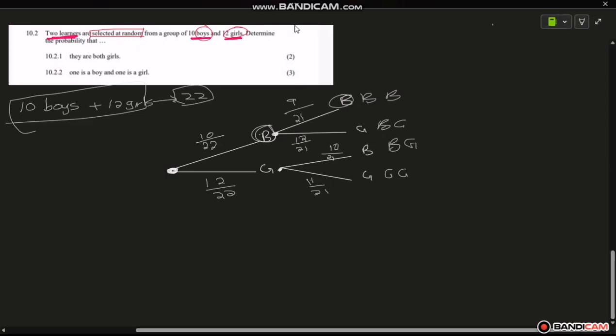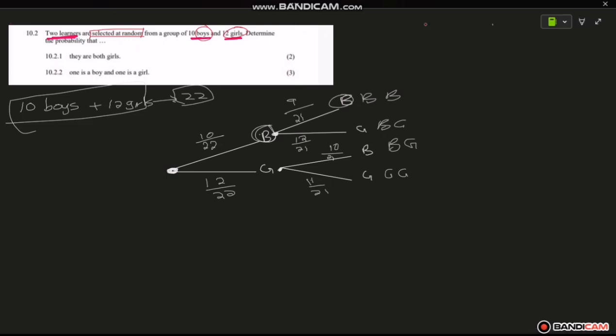Alright, now let's try to solve 10.21. They are both girls. So these two here, they are both girls. GG. They want the probability.